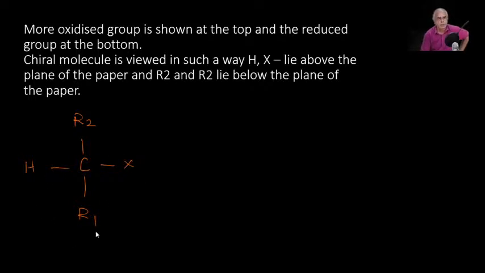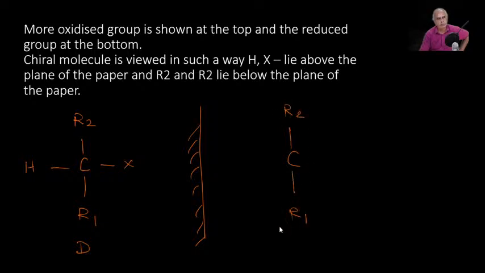If it is written like this, then it is D form. And what about the mirror image of this? You can write C. Now at the top R2 and below R1. Now the C X, X and H are interchanged. Laterally it is rotated by 180 degrees. So it is the L form.